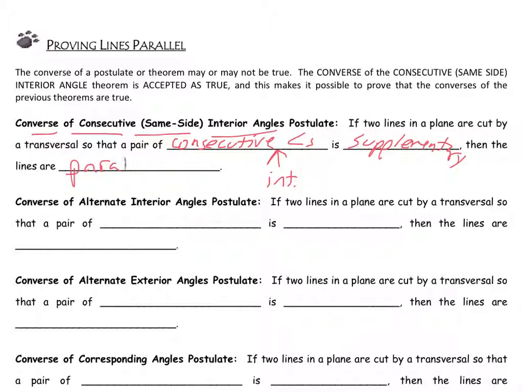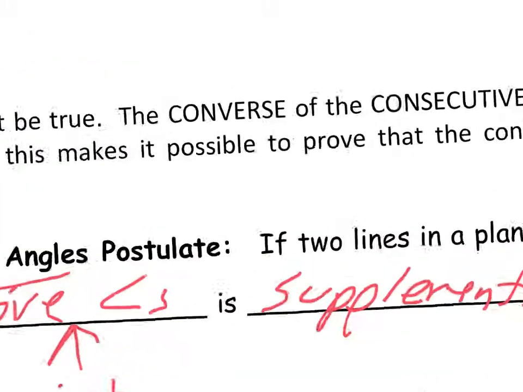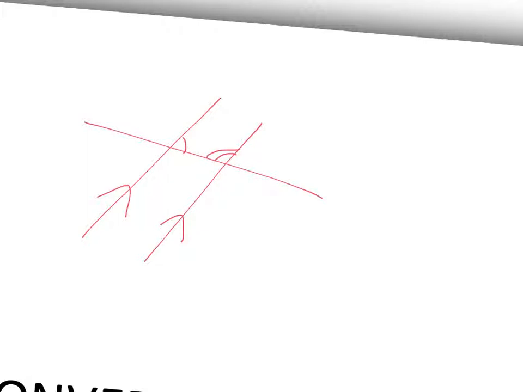This is different than yesterday, because yesterday we said if we have two parallel lines, then consecutive interior angles are going to be supplementary. They add up to equal 180.